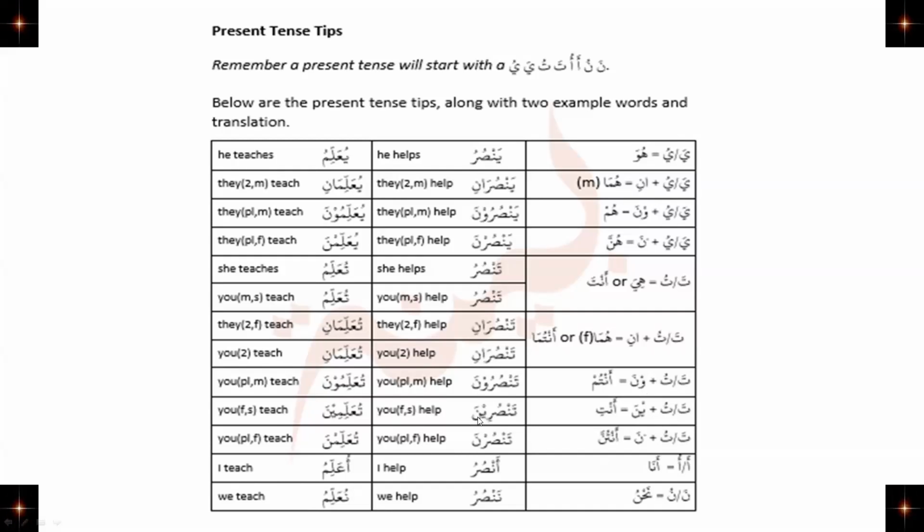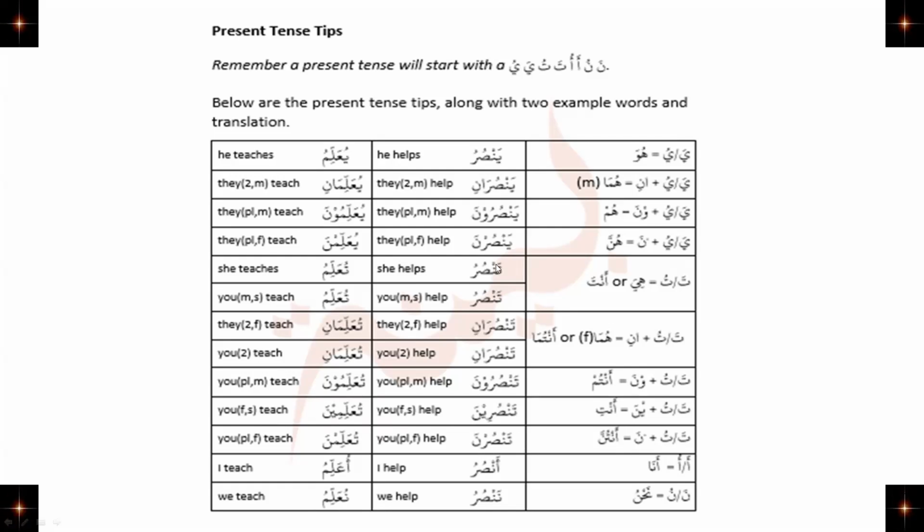It looks like plural, but this one is specially for anti. So anti tansurina, anti taktubina, anti tu'allimina. It's fi'l mudhari for second person singular feminine. Again, ta or tu plus na.